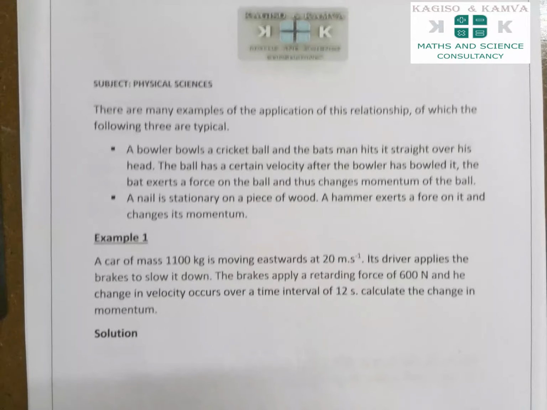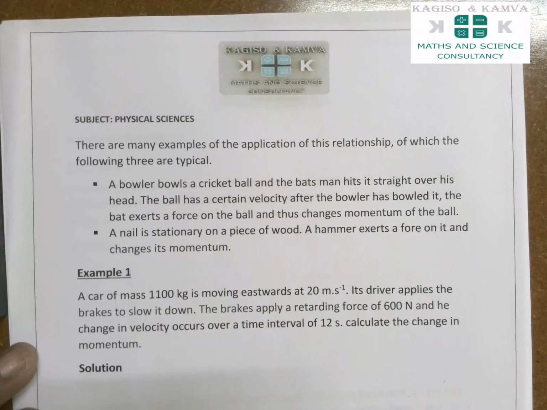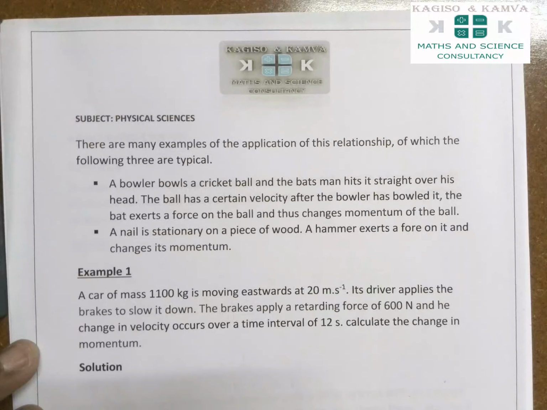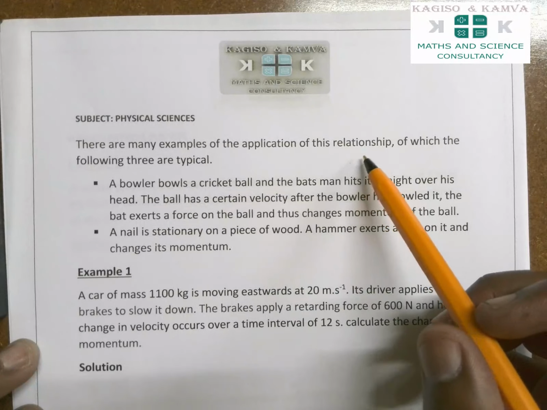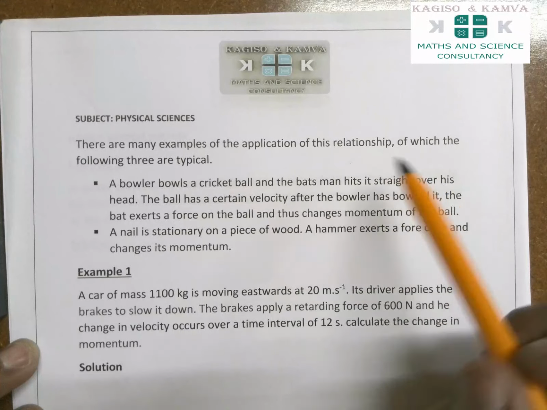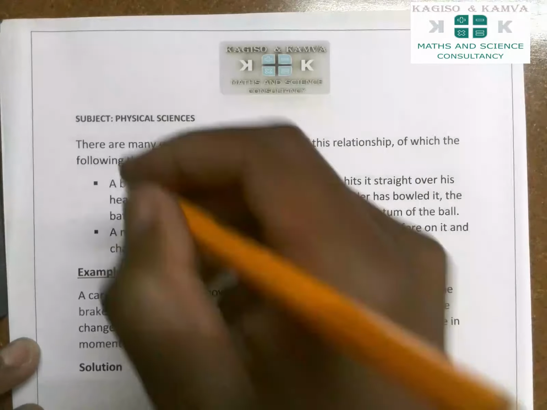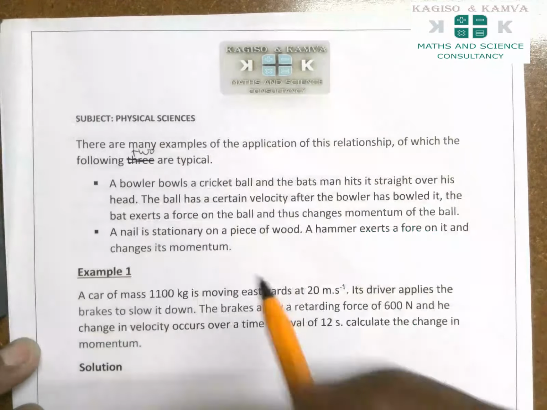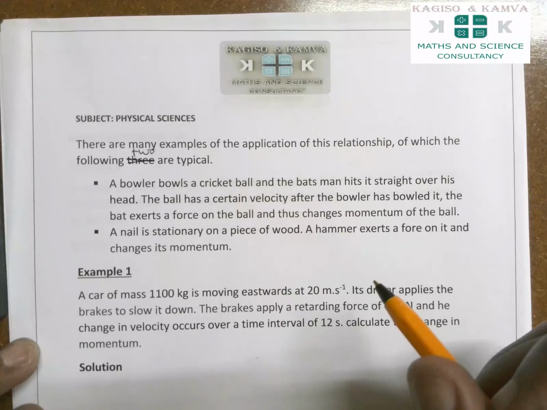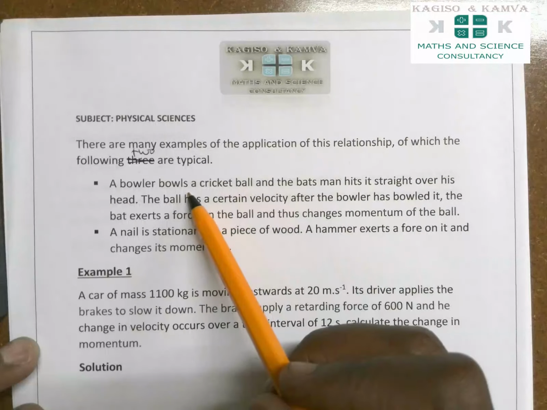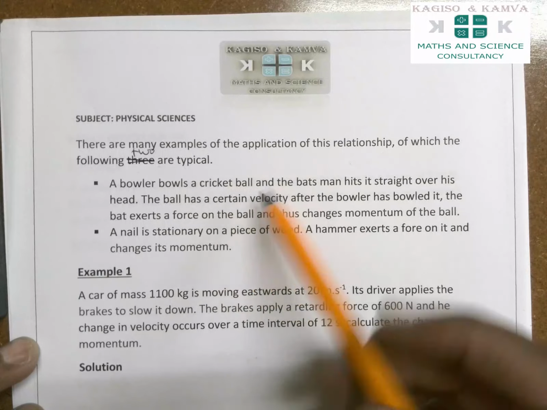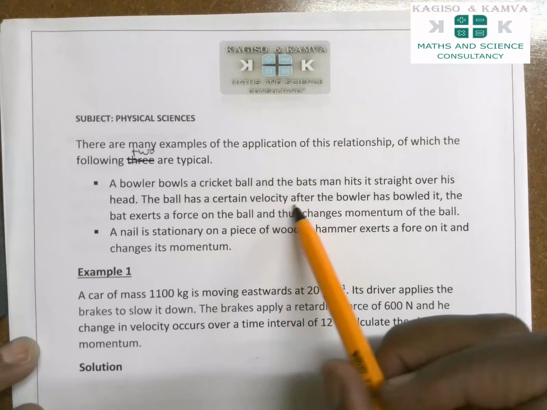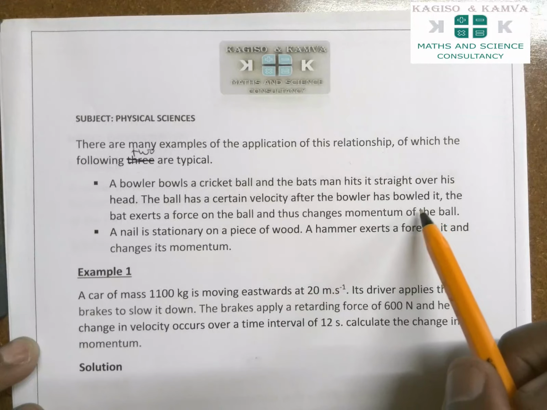Now there are many examples of application of this relationship, the one for Newton's second law in terms of momentum. In this case we use 2 examples. A bowler bowls a cricket ball and the batsman hits it straight over his head. The ball has a certain velocity after the bowler has bowled it.